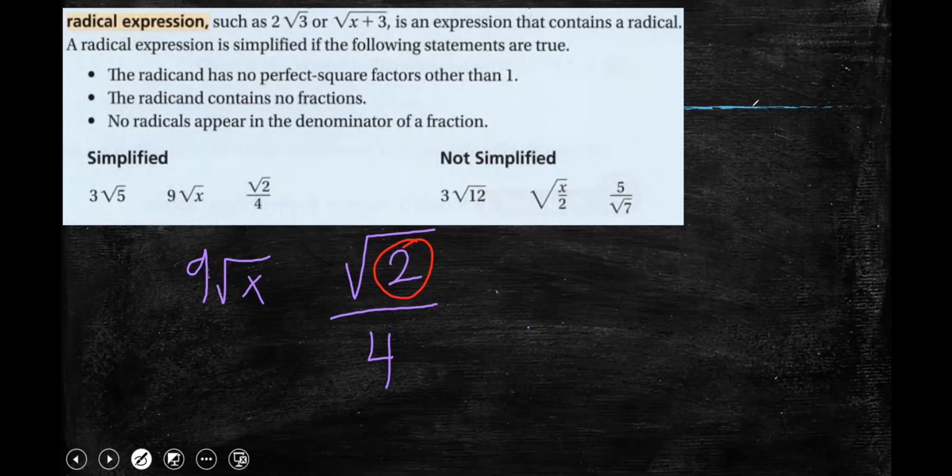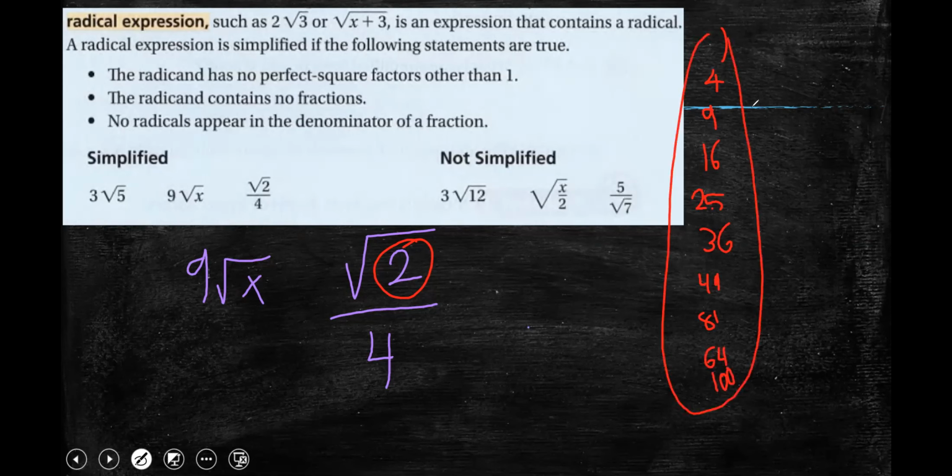Excellent, thank you. Like 1, 4, 9, 16, 25, 36, 49, 64, 81, 100. These are perfect square numbers. So is number 2 a perfect square number? No. So I will say that this is the simplified one.